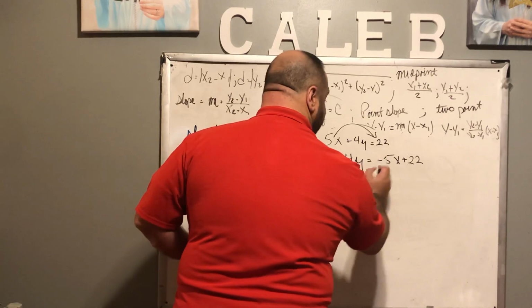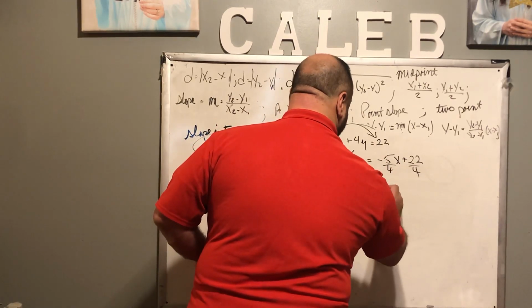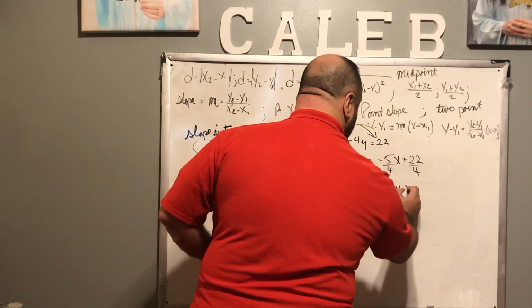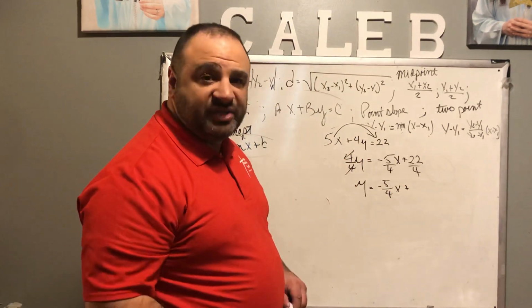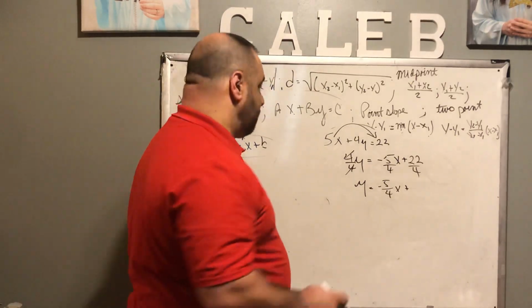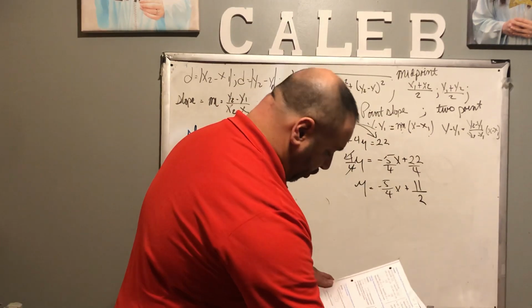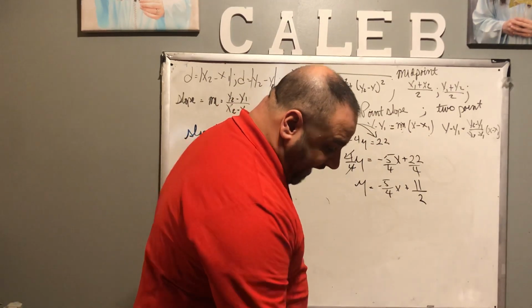Again, divide everything by 4. So y equals negative 5 over 4 x plus, and we could reduce this: 2 can go in the 22 and 2 can go in the 4, which would simply be 11 over 2.